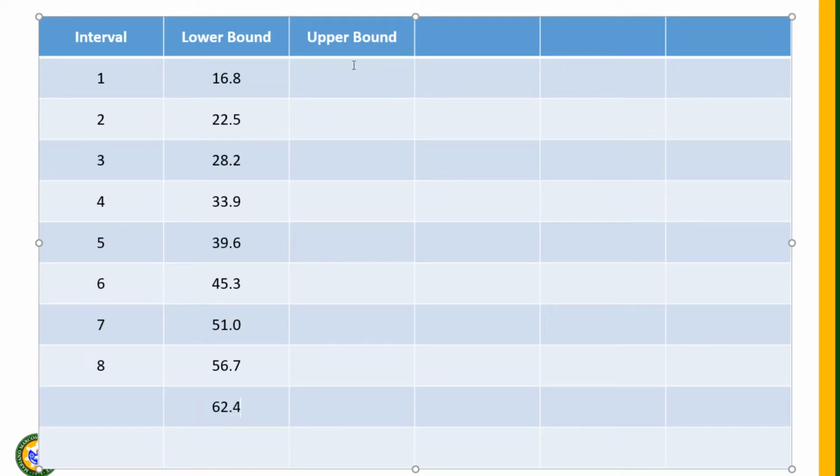And then for the upper bound, ang pag-compute dito ay just subtracting from the next lower bound. Ang susunod na lower bound natin ay 22.5. Since this is rounded off to 1 decimal place, mag-subtract lang tayo ng 0.1.